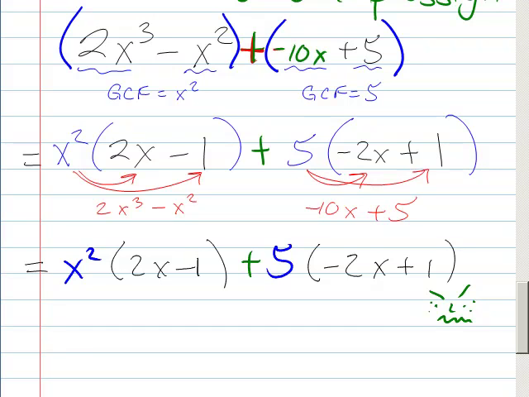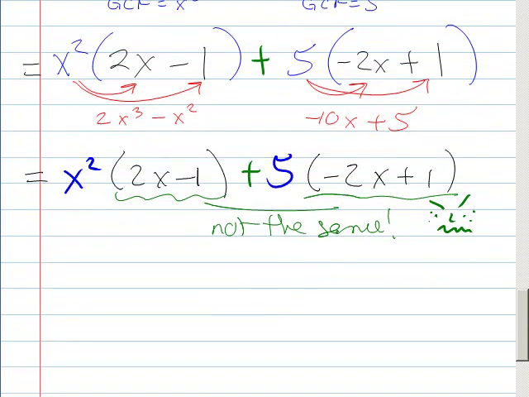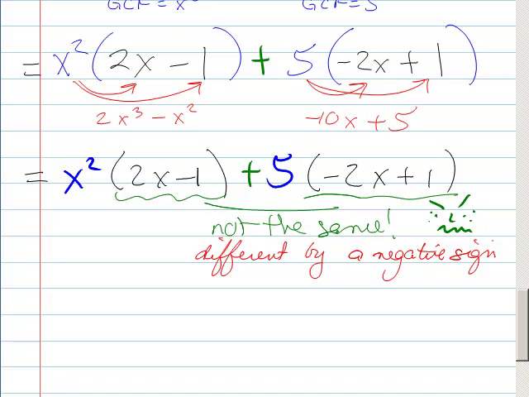He's not happy about this because these are not exactly the same. So we have to be a little bit careful to take account of this. But what you can tell, hopefully, is that they're different via a minus sign. So this is 2x minus 1. This is basically 1 minus 2x. They're opposite of each other.